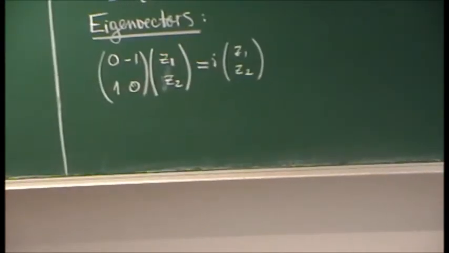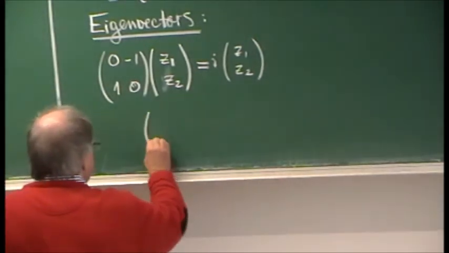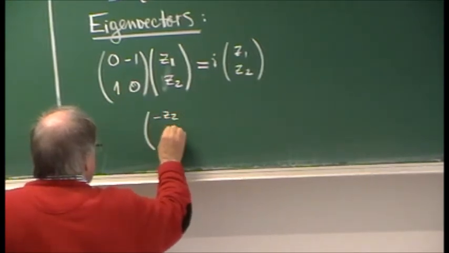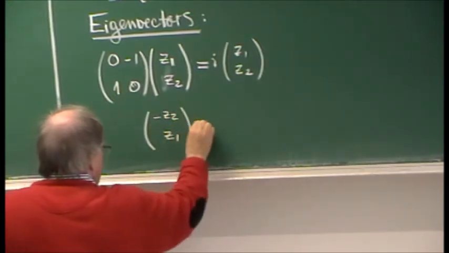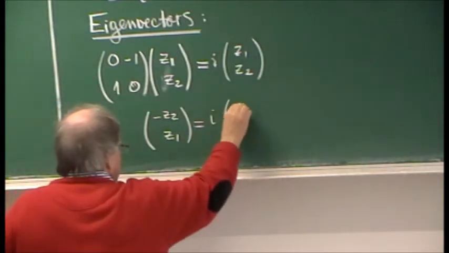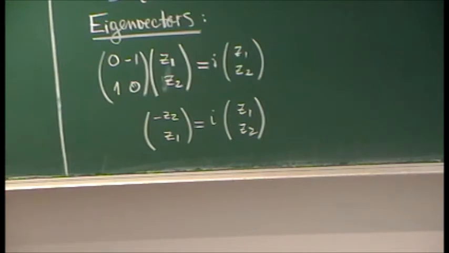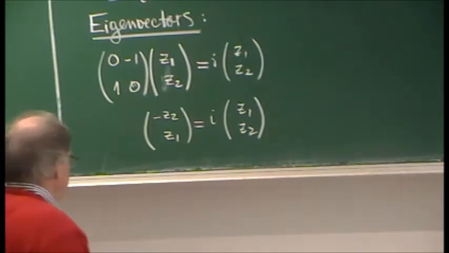Okay? Now, as I say, you guys are much smarter than I am. Come on, you Olympiad cats. So this says that (-z2, z1) equals i times (z1, z2). Any ideas here? Well, let's try it.